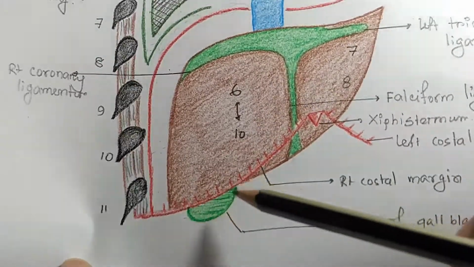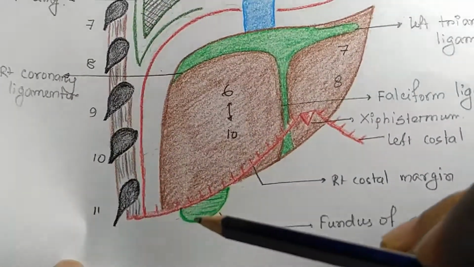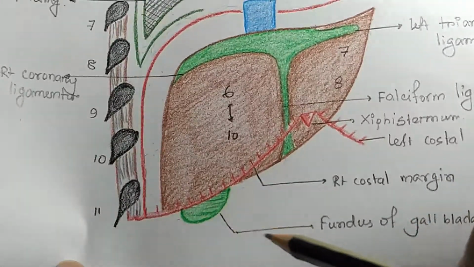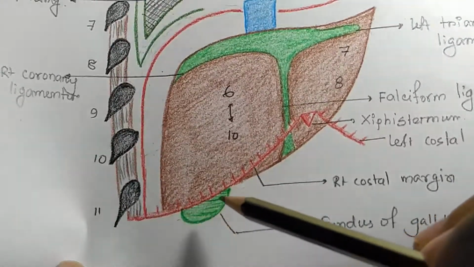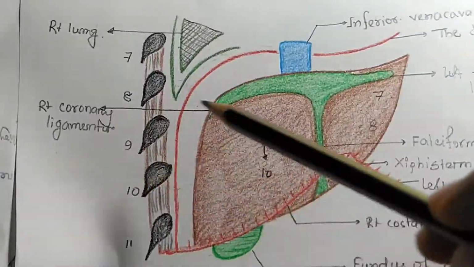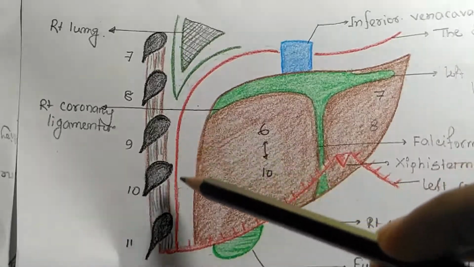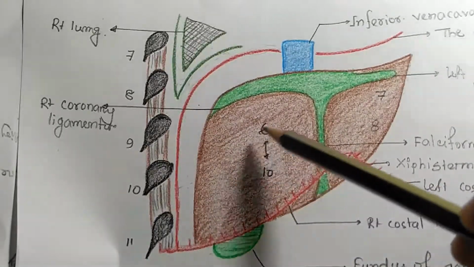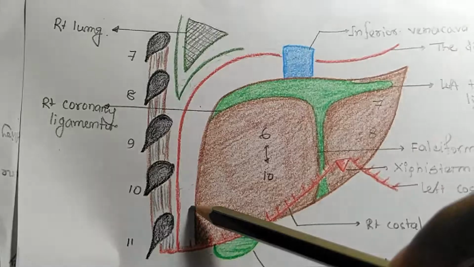That is the storehouse of bile, called the gallbladder, and the fundus of the gallbladder is seen from the anterior surface.